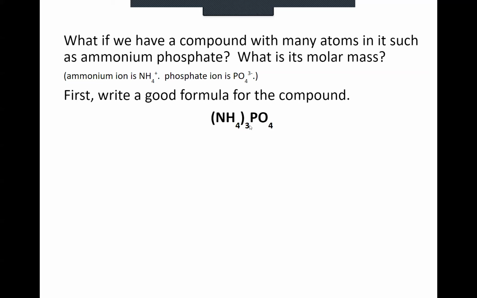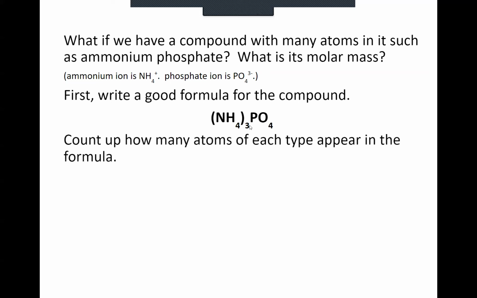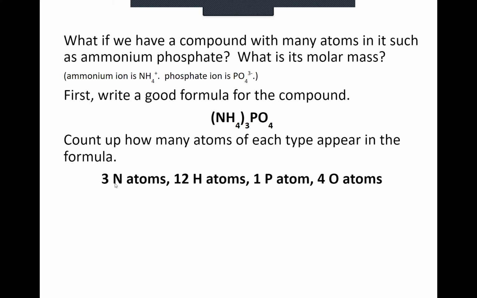Now, if we give an accounting of each type of atom in that formula, we have 3 ammonium ions, each of which contains 1 nitrogen and 4 hydrogens. So we've got 3 nitrogen atoms, 4 times 3, or 12, hydrogen atoms, 1 phosphorus, and 4 oxygen atoms, all in that compound.